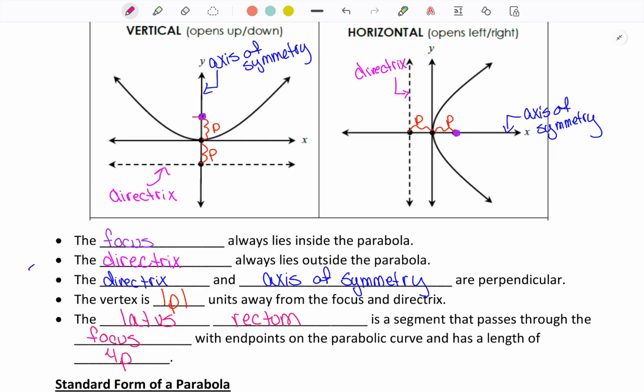So the latus rectum is that line that goes all the way through. And in this case, we just go straight across, and it does have a length of 4 times p.